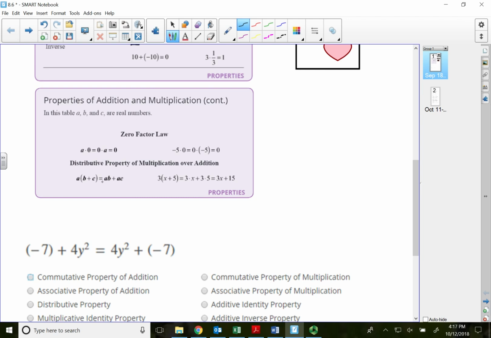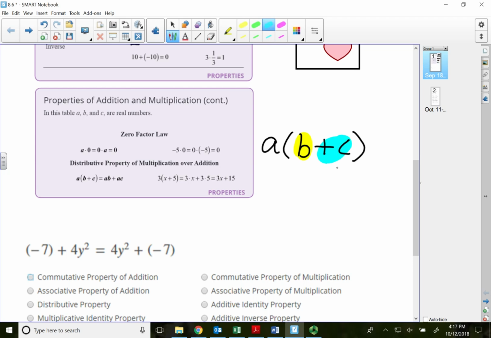Distributive property says for any real number a times parenthesis b plus c. If you look at what's inside the parenthesis, I'm supposed to combine what's inside first. But here's an issue: when it comes to algebra, these terms may not be like terms.